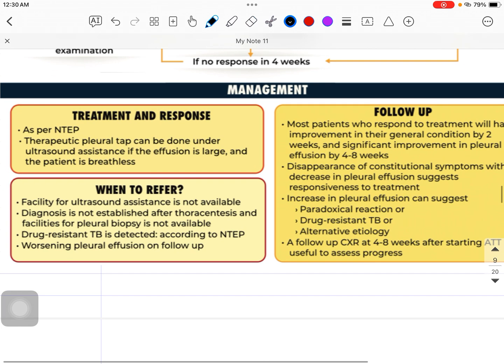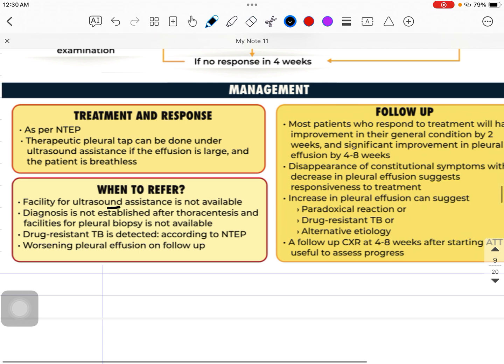Now we should know when to refer. If in your facility ultrasound assistance is not available, then obviously you should refer this patient to another center. If the diagnosis is not established after thoracentesis and facilities for pleural biopsy are not available, then you shall refer this patient for the pleural biopsy in some other hospital. Drug resistant TB is detected according to NTEP guidelines, right?